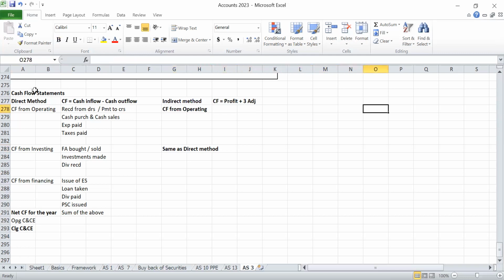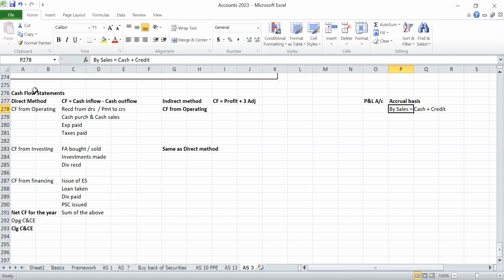For that, first you should know the profit and loss account. Profit and loss account is prepared on accrual basis, but the cash flow statement is prepared on cash basis, correct? Cash inflow minus cash outflow. For example, by sales, cash plus credit, I am going to take.